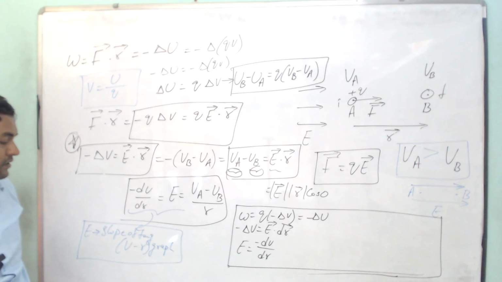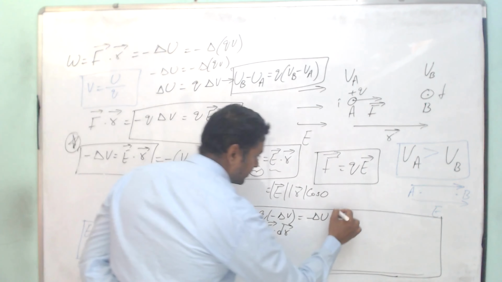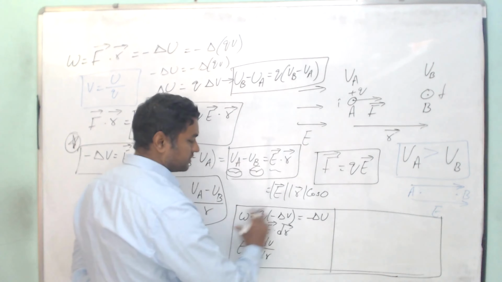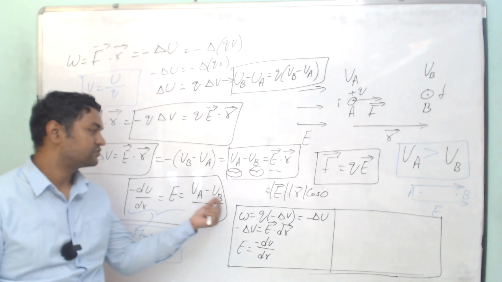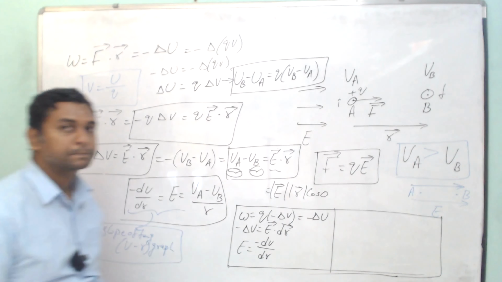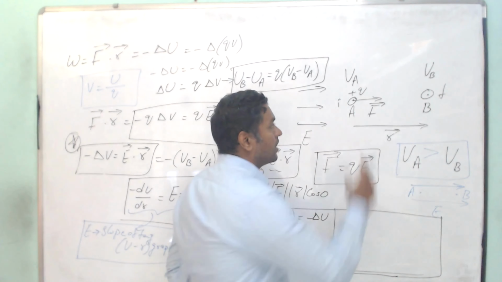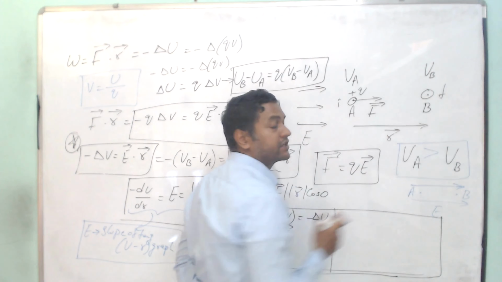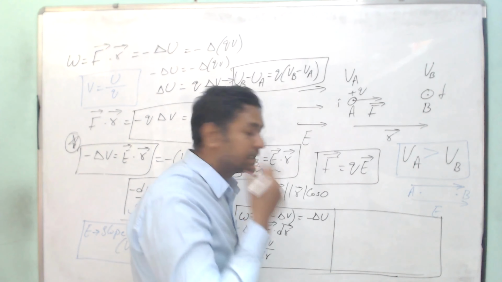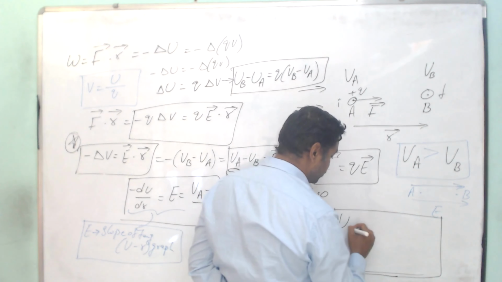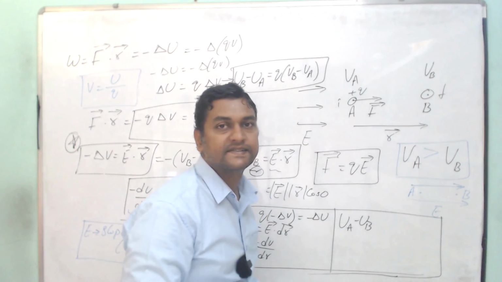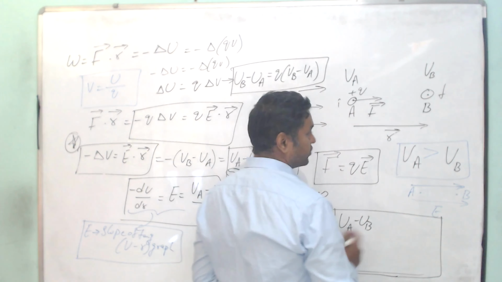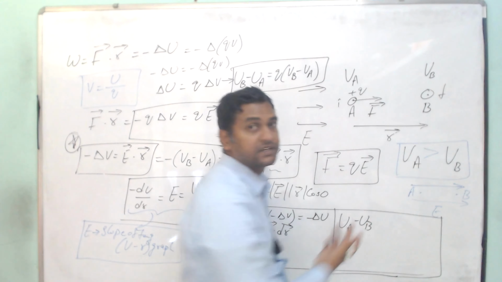And in this particular example, these are all written in terms of change. If I want to write it in terms of A and B, higher potential energy, lower potential energy, right? So I will write UA minus UB is the lost energy. You know UA is greater than UB because VA is greater than VB.